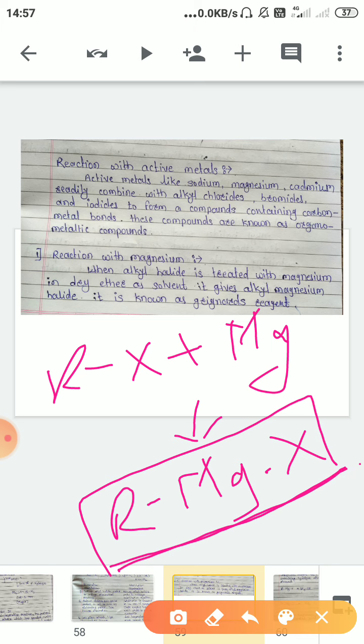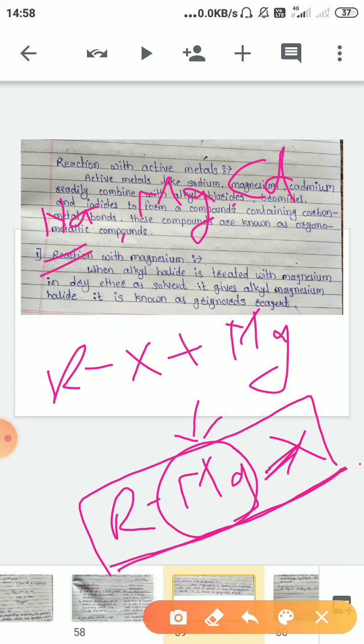So this is the tendency of alkyl halides to react with metals, generally metals like sodium, magnesium and cadmium, and with any alkyl halides like alkyl chlorides, alkyl bromides, alkyl iodides.